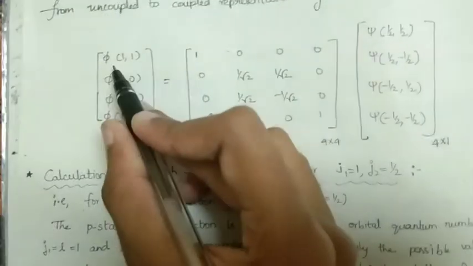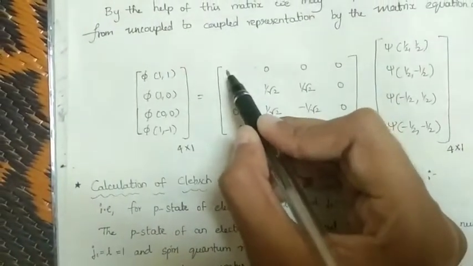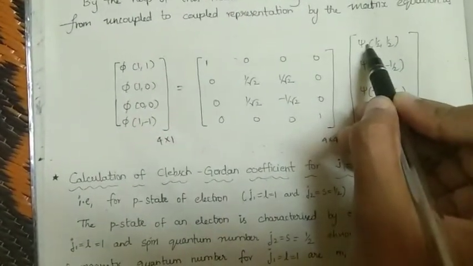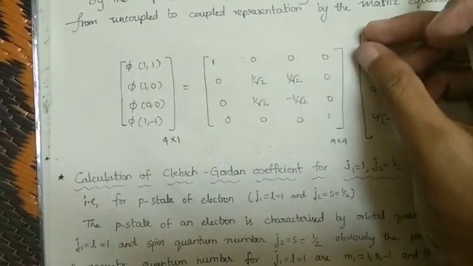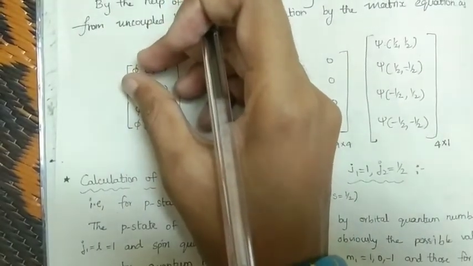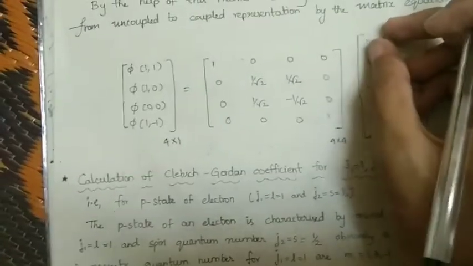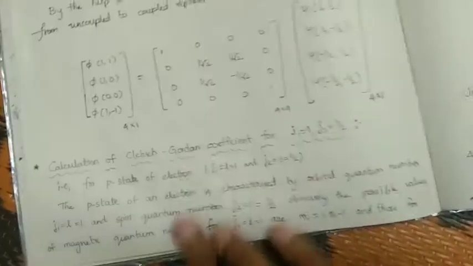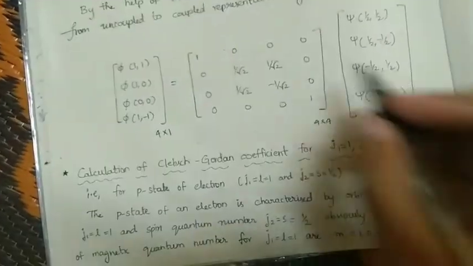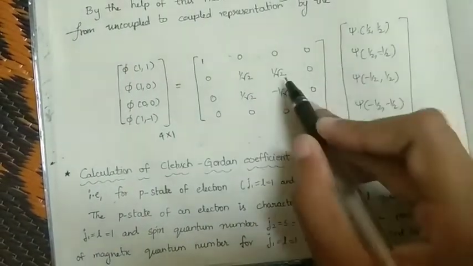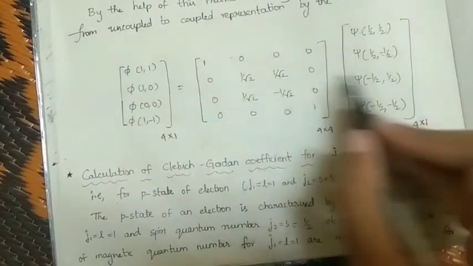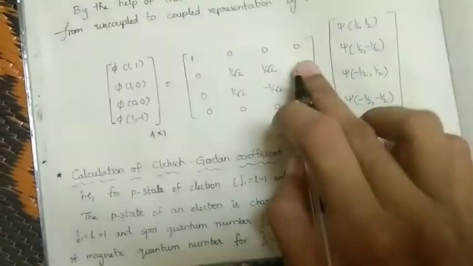By multiplying this one with this one, we get these forms. For phi of 1 comma 1, taking the corresponding elements, this element multiplies with this element, and the rest are 0 plus 0 plus 0, so phi of 1 comma 1 equals xi of half comma half. In the same manner for phi of 1 comma 0: 0 into this one is 0, then 1 by root 2 into this one, plus 1 by root 2 into this one, and this one would be 0.